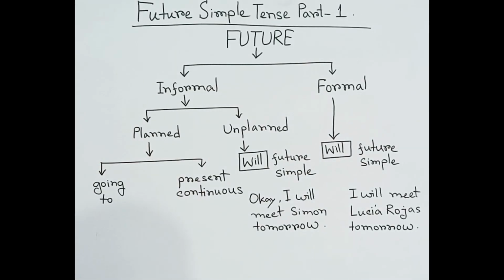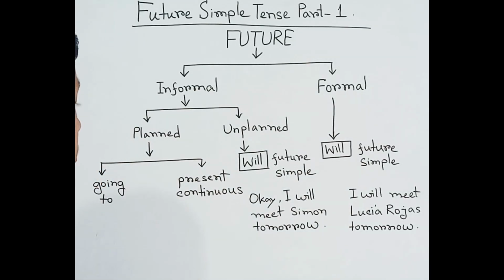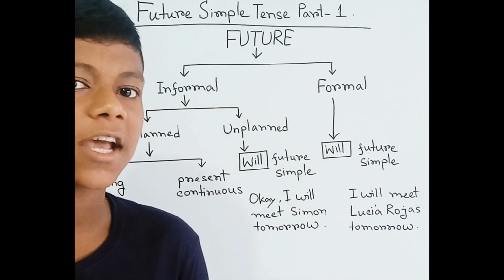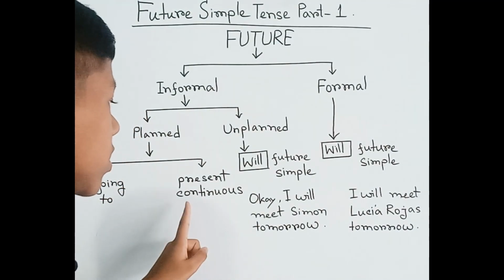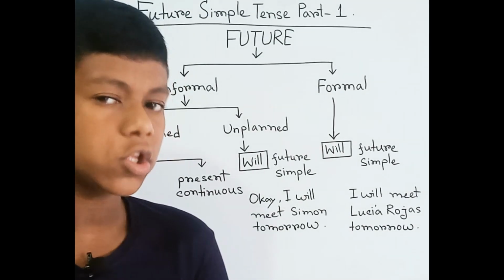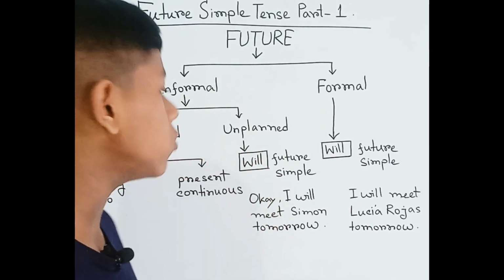Informal has two sections, planned and unplanned, and by counting them we get three parts. From planned we get going to, which is kind of a phrase that I will explain to you. Present continuous can also be used for the future simple. And the next is unplanned, where we can also use will.